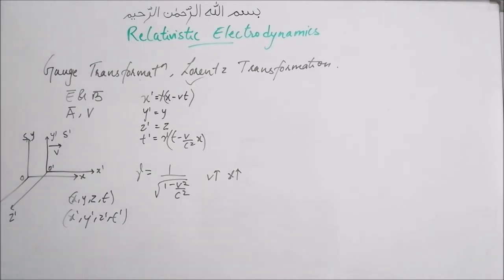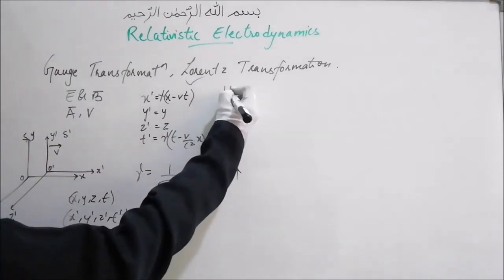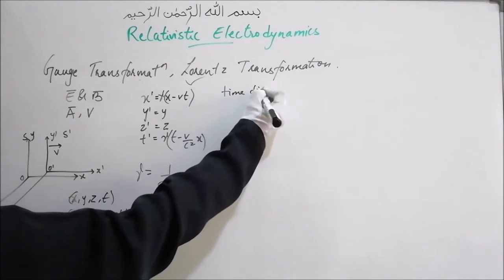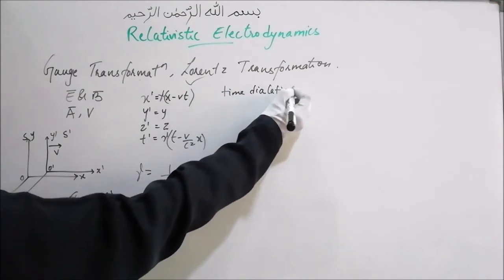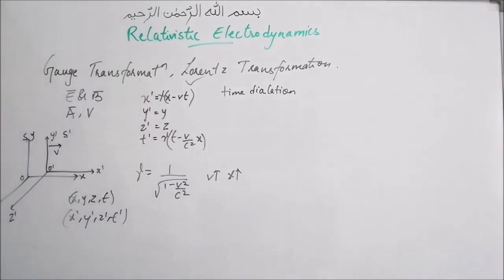Some other things that we get from the Lorentz transformations are, one, time dilation. Time dilation means that a relativistically moving clock, or a clock which is moving with relativistic speed, will run slow.